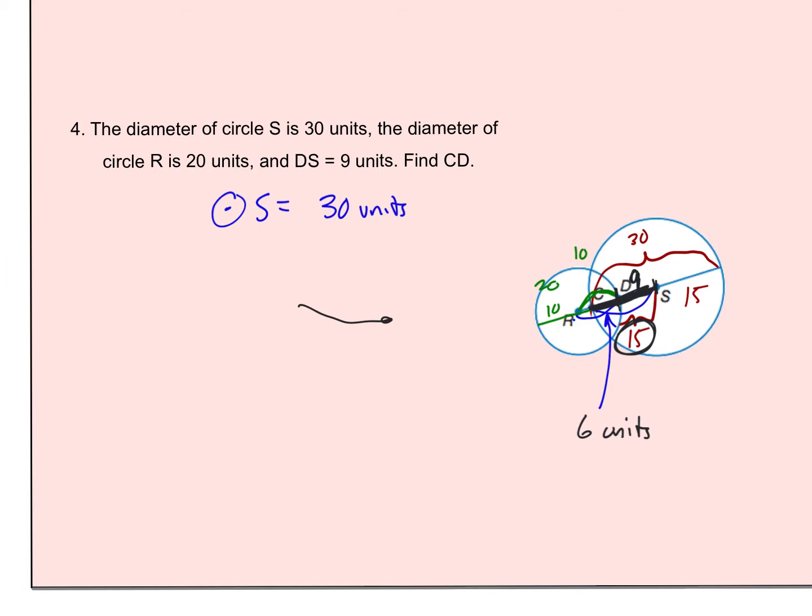Because the length from C to S is 15, since I know the diameter is 30. I also know that D to S is 9 units, so this has got to be 6 units, because 9 plus 6 equals 15. And that's my answer.